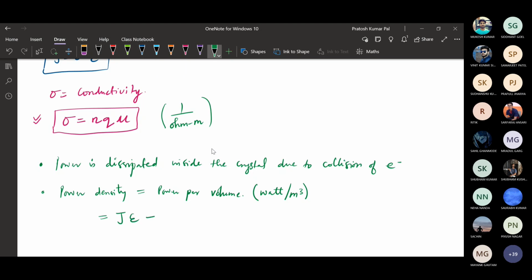Or in terms of conductivity, it will be sigma times electric field square. So this is the formula to find the power density inside a crystal or inside a metal.